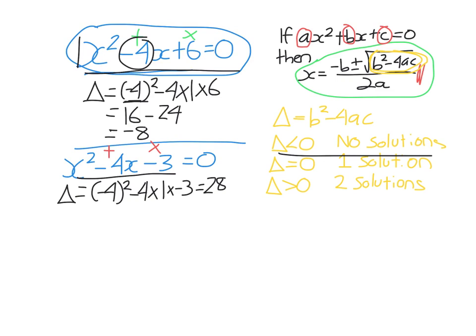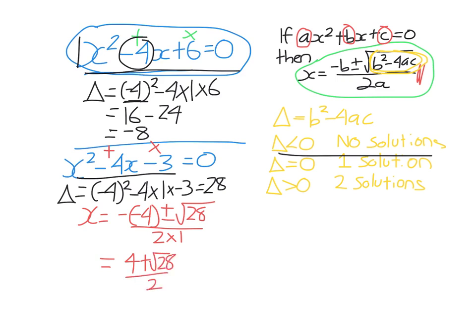So the solutions are x equals minus b, so minus minus 4. This symbol means plus or minus the square root of the discriminant, all divided by 2 times a. So the two solutions that we're talking about, we have minus minus 4, positive 4 plus root 28 over 2.